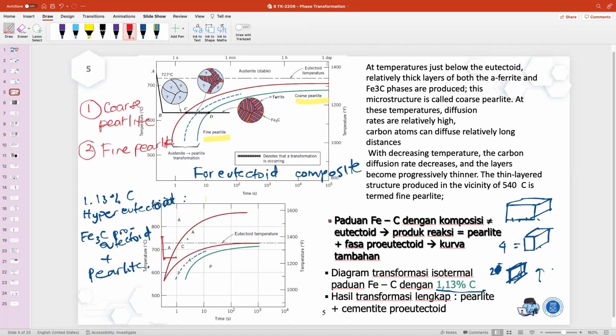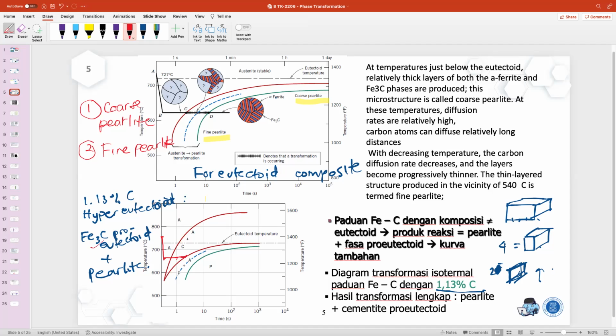The cementite will appear, because it is proeutectoid, until we have the remaining austenite.